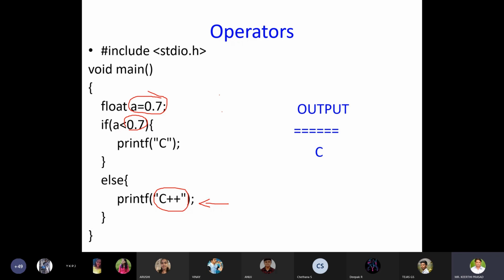But that is not so here because we have not specified F after the 0.7. Hence, 0.7 will be treated as double. Hence, float 0.7 is less than double 0.7. That is true. Hence, the result is C. Clear?